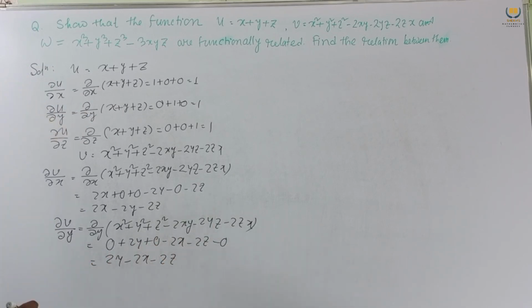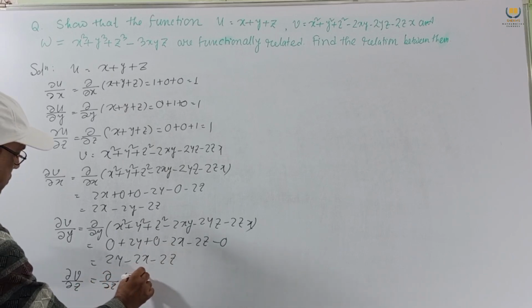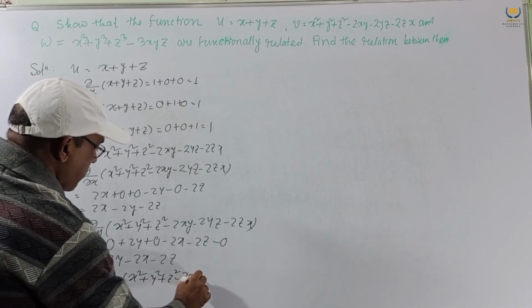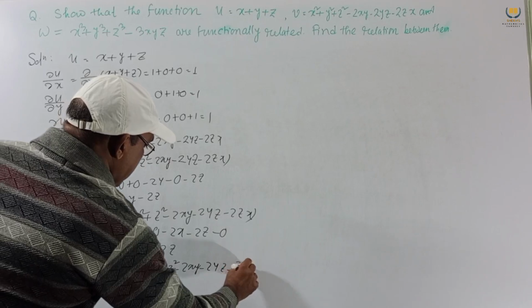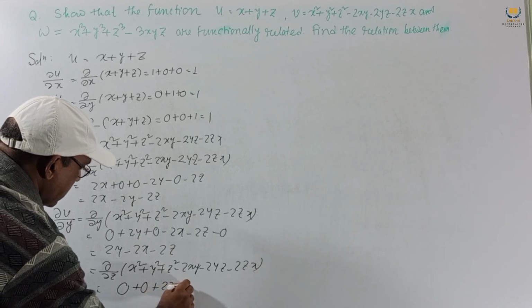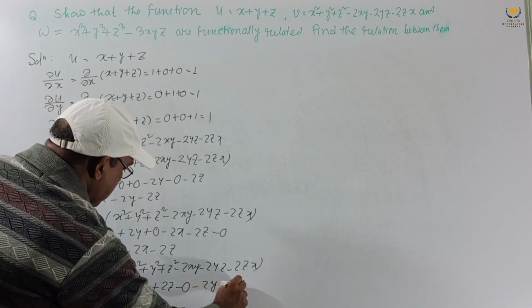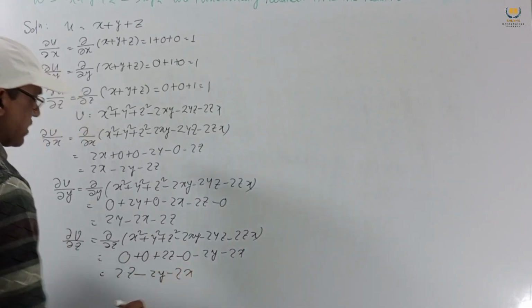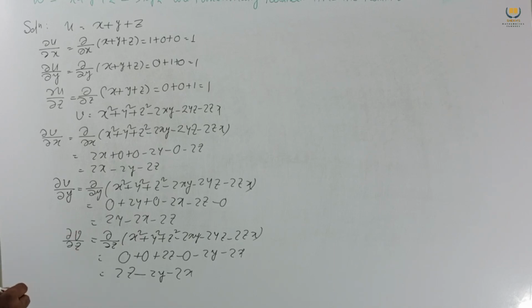The last one is del v del z, and this equals 0 plus 0 plus 2z minus 0 minus 2y minus 2x, and this is 2z minus 2y minus 2x. So these are the derivatives of v, differentiated partially with respect to x, y, z.